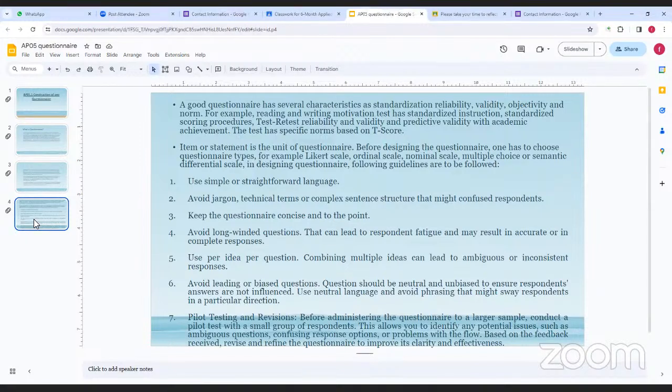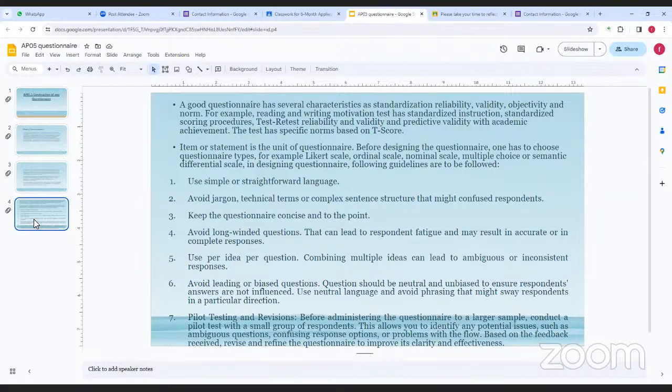In designing the questionnaire, the following guidelines are to be followed. Number one, use simple or straightforward language, so that the sentence will be simple and there will be no cognitive complexity on the respondents. Number two, avoid jargon or technical terms or complex sentence structure that might confuse respondents.